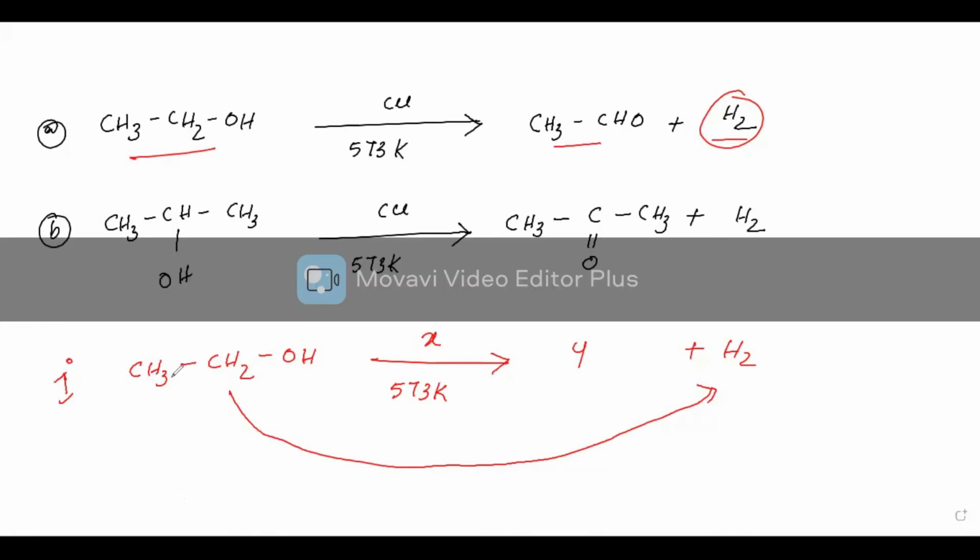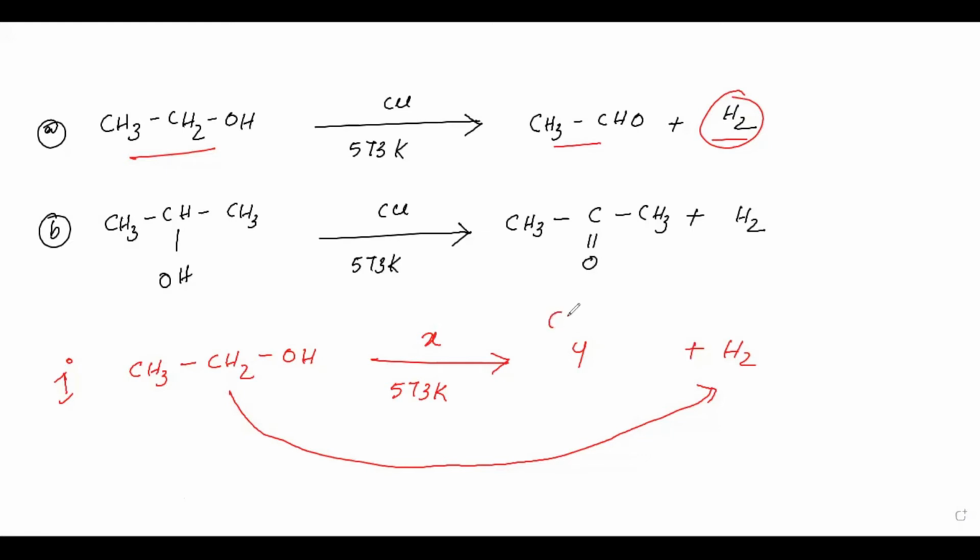So when the primary alcohol is emitting hydrogen, here it should be an aldehyde, CH3CHO, and the reagent should be copper.